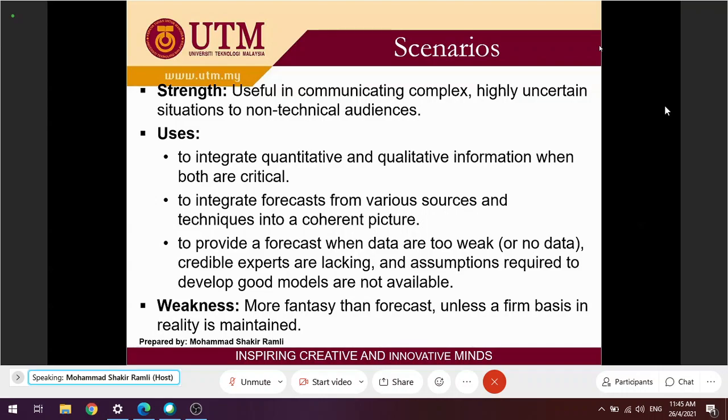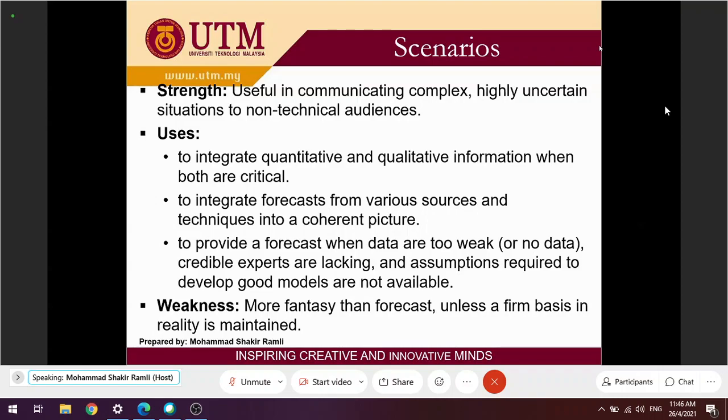We can also portray the graphic to integrate forecasts from various sources. That's another use of scenario. We can integrate trend analysis techniques. We can integrate data from mathematical models, trend extrapolation, and also we can integrate Delphi. We can have data from surveys, a few rounds of survey we conduct through Delphi techniques, maybe just one round of expert opinion interview.